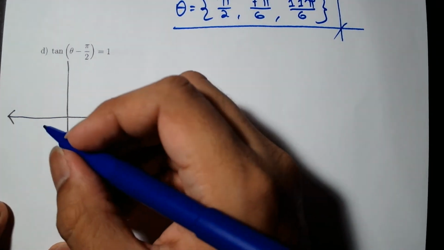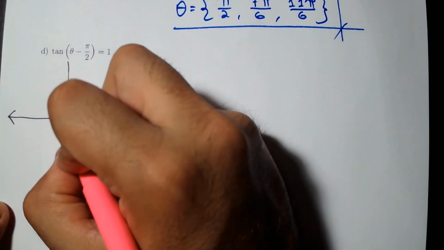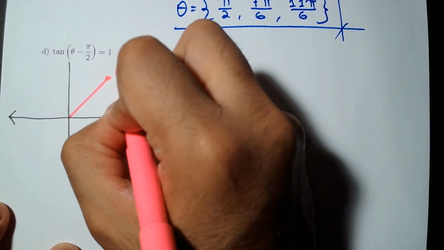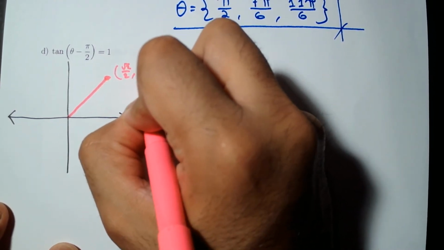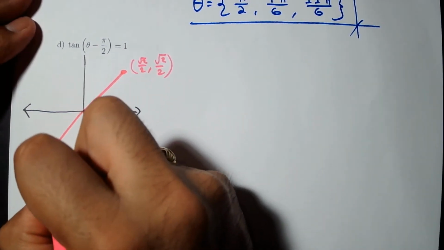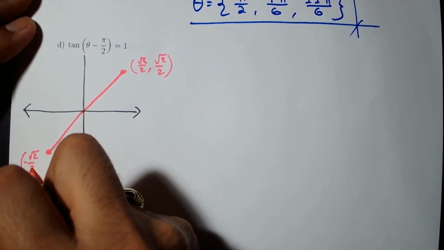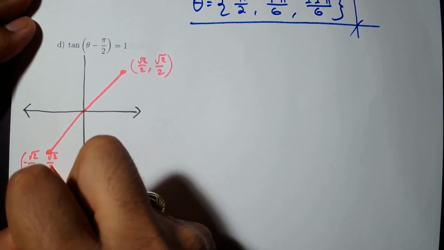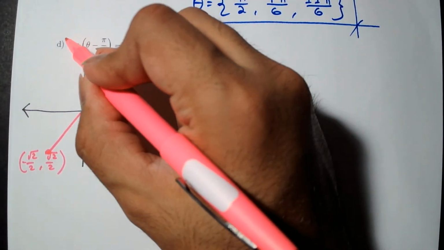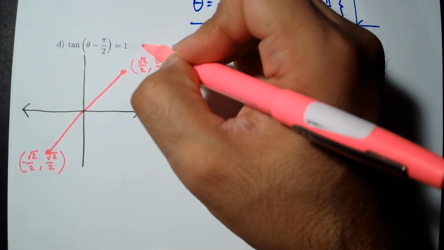Tangent is positive in the first quadrant, because root of 2 over 2, root of 2 over 2. It's also positive in quadrant 3, because negative root of 2 over 2, comma, negative root of 2 over 2. If you recall, tangent was defined as y over x.